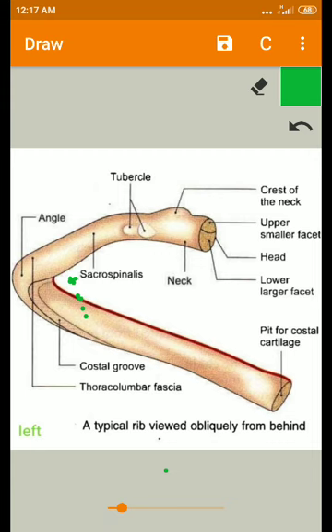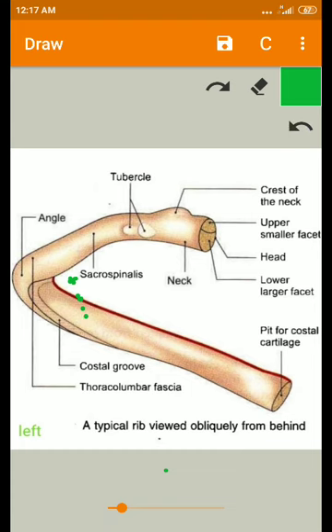So these vessels, the neurovascular bundle we can call it, that is vein, artery and nerve, are arranged in this manner from above downwards.